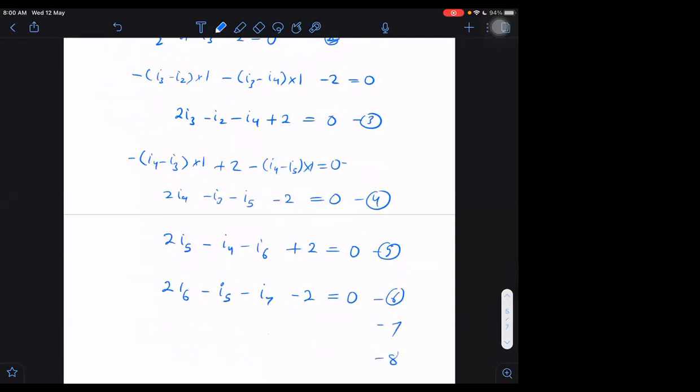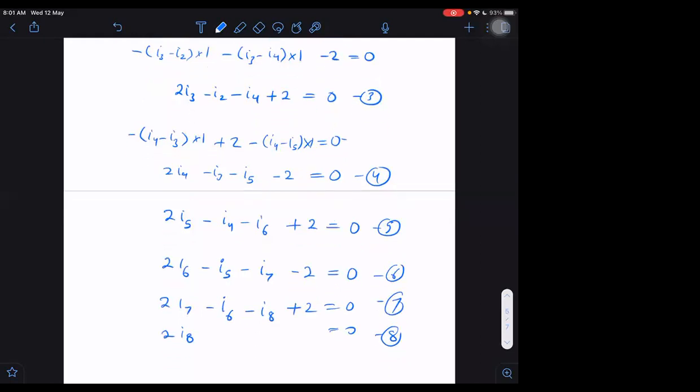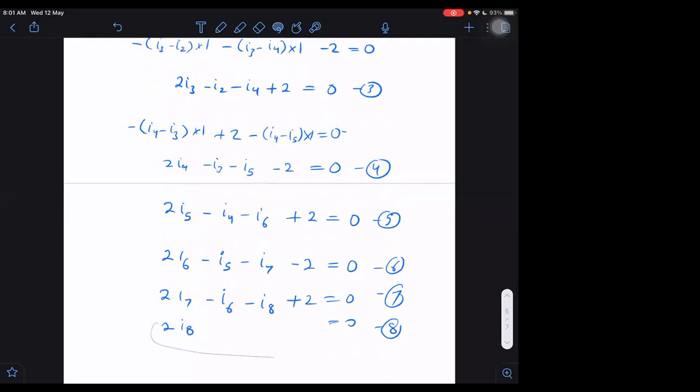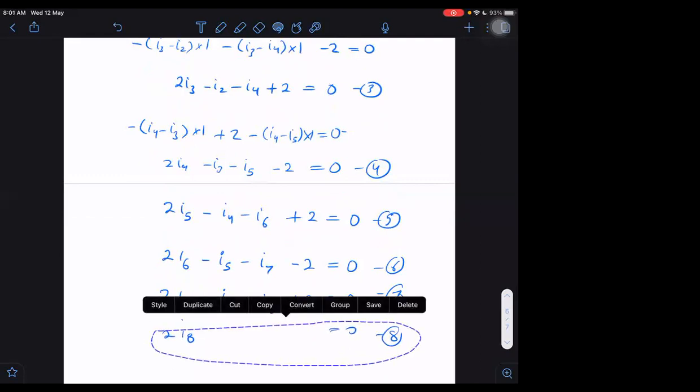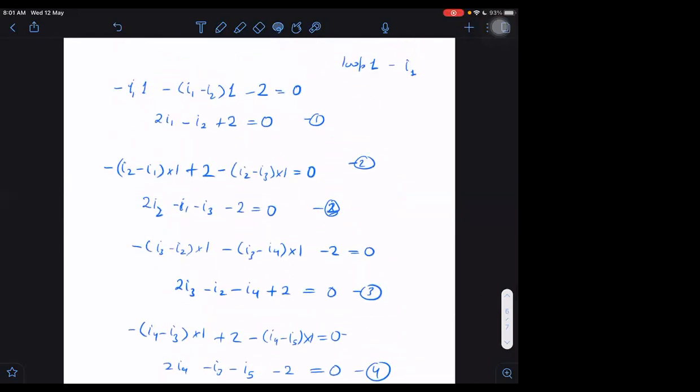Equation number 7, equation number 8 will be the last equation. 2I8 minus I6 minus I8, and here plus 2. Last one may sometimes break the pattern, so I have to check it.